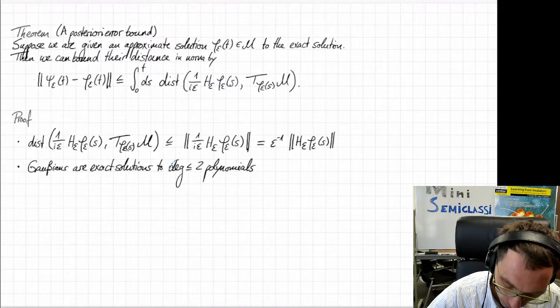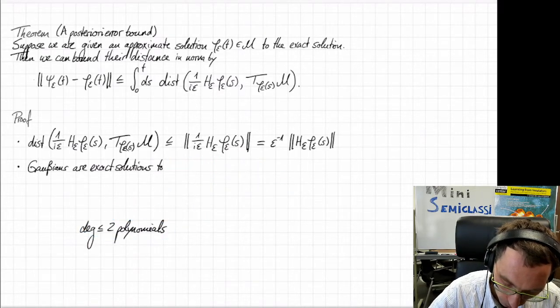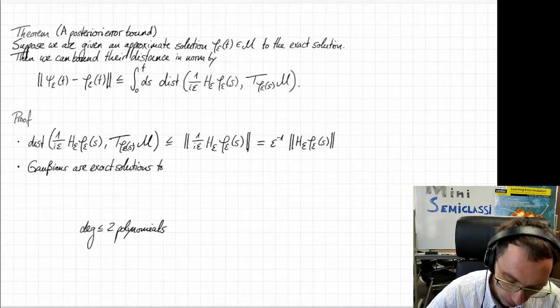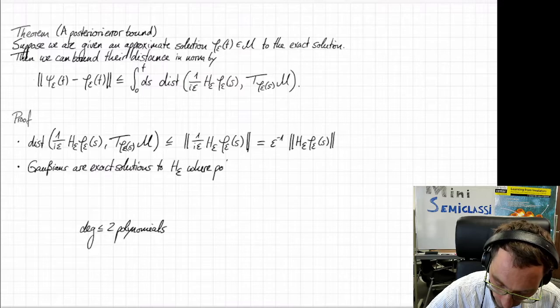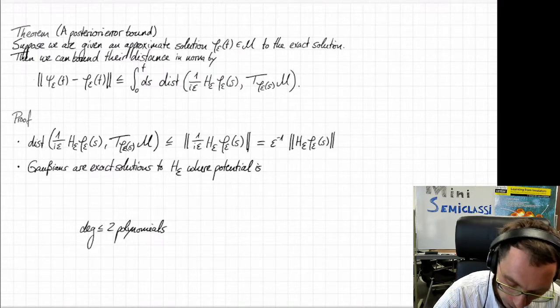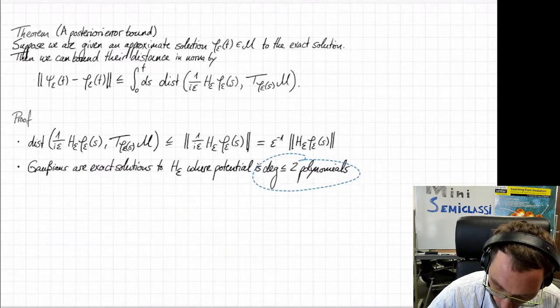let me write this down in an intelligible way, to h epsilon, where the potential is a polynomial of degree less than or equal to two.